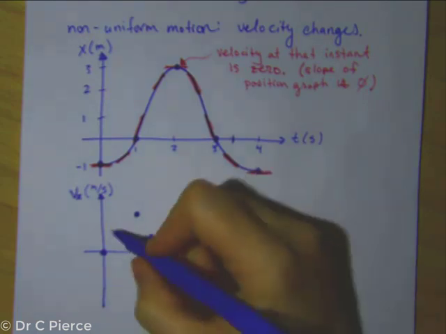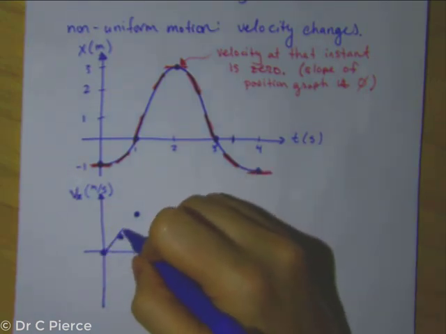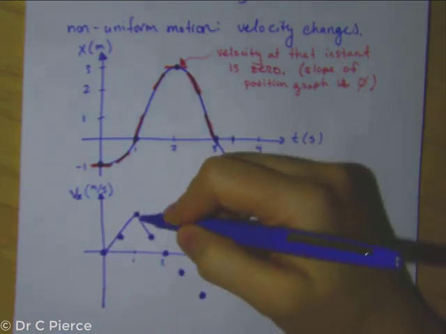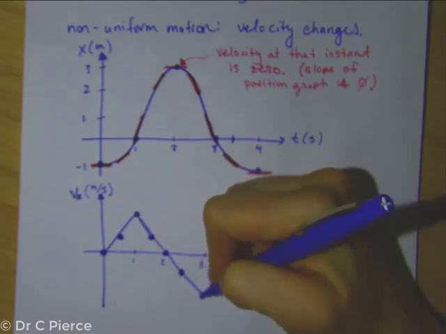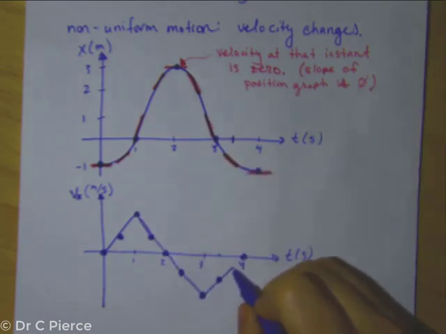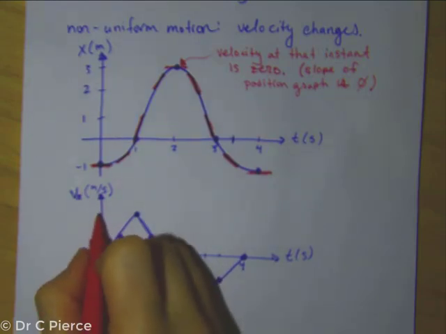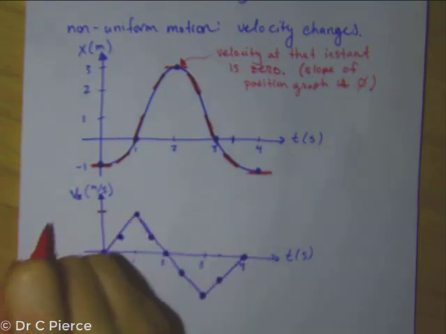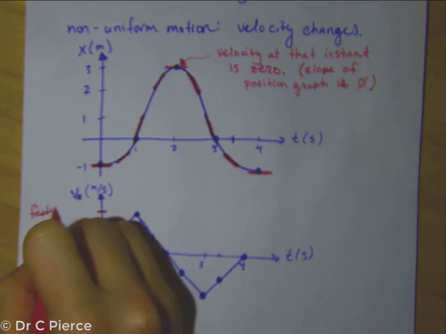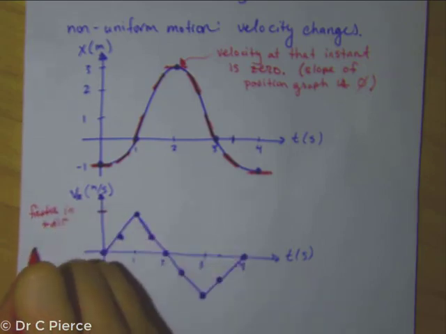So if I connect the dots, we end up with a velocity versus time graph for that object, for that motion. Here is going to be faster in the positive direction. Here was stopped.